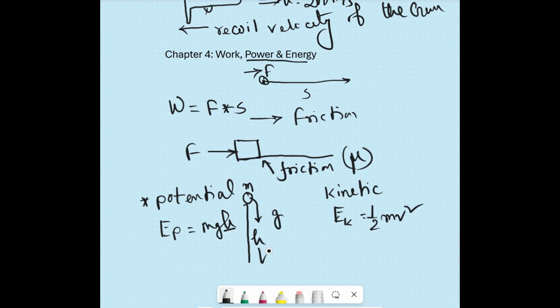In that case, the potential energy is mgh. There's lots of explanation actually. When I go through more details, I'll explain more.